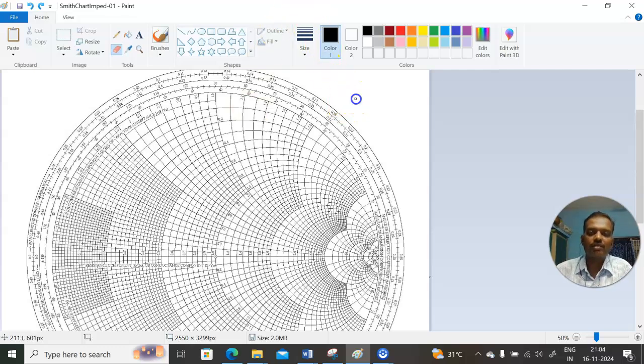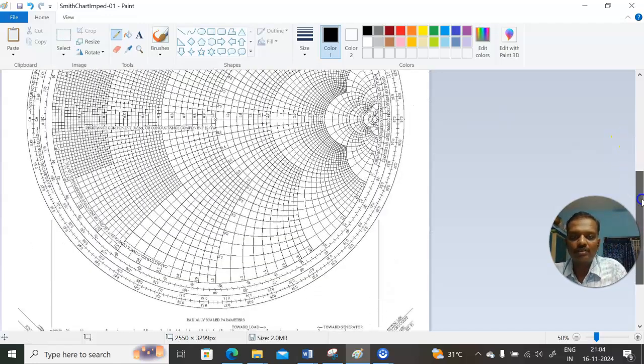This is the upper half, where ZL by Z0 is real plus imaginary.